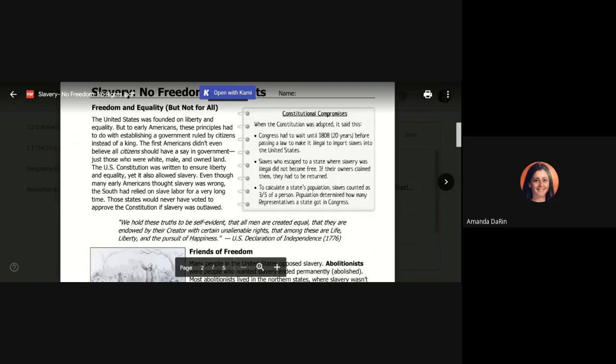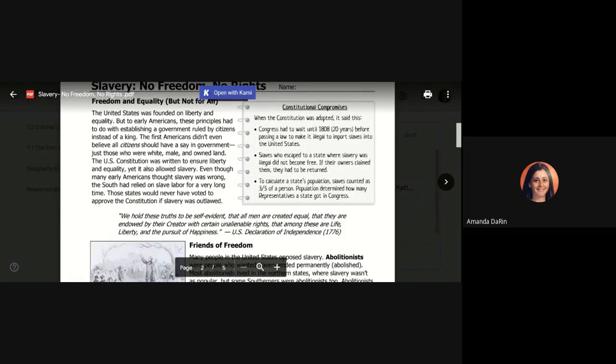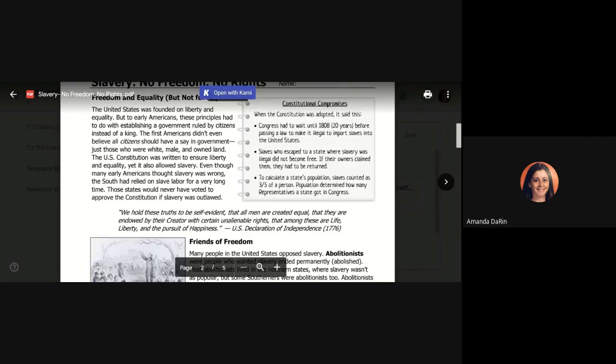So although 20 years after the Constitution was ratified and became the government of the new nation, we still unfortunately had illegal slave trading going on across the Atlantic Ocean. If you remember the Middle Passage and learning about that, this continues to be a huge issue, and leads to a bigger rift or divide in the nation as this illegal activity goes on.